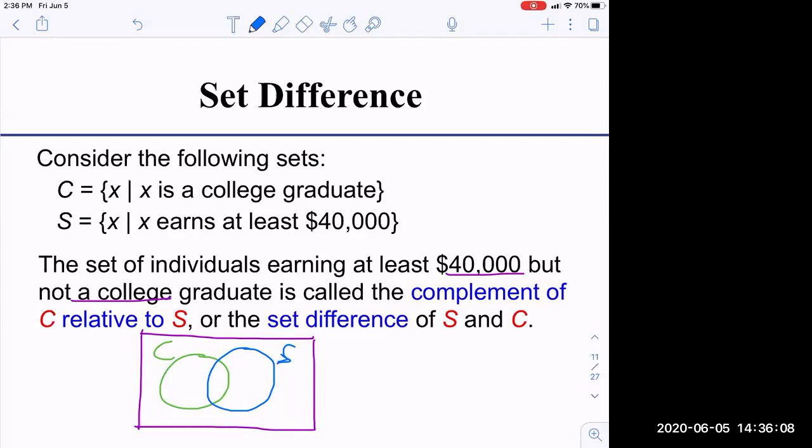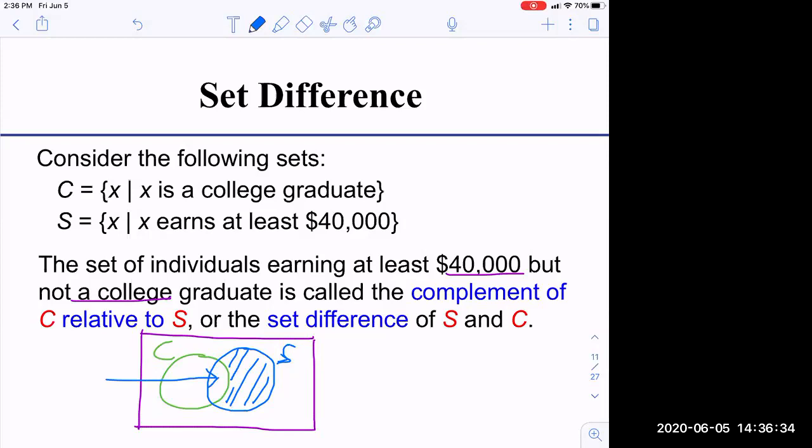So I want the set of individuals earning at least $40,000, but not a college graduate. So that's everyone in here. They're making $40,000, but not a college graduate. So it looks like there's a bite taken out of set S because the people in the intersection are college graduates.